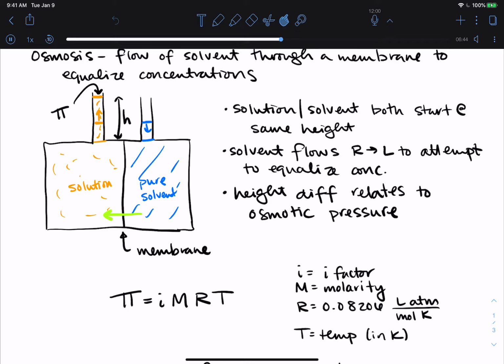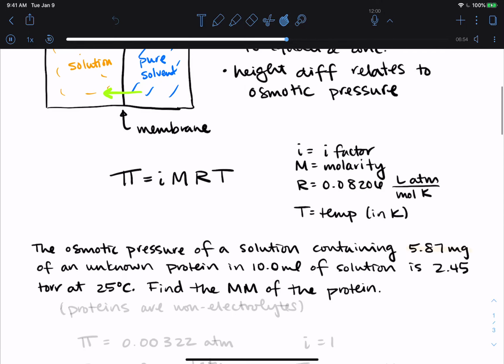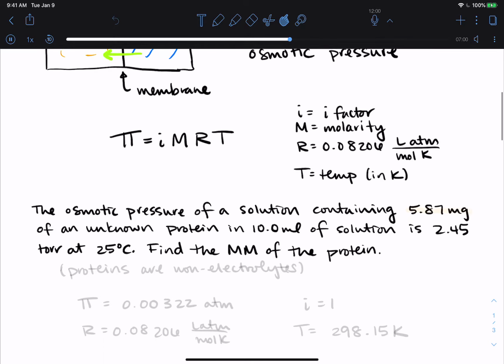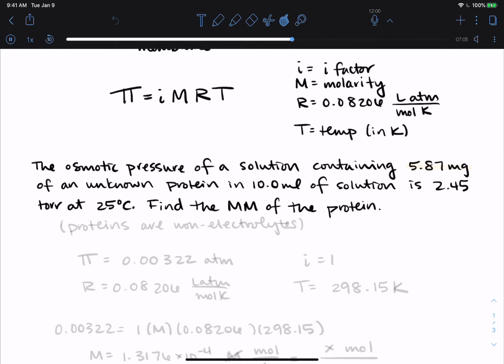Okay, so a lot of the problems will have you just calculate the osmotic pressure directly. The example that I want to show you: osmotic pressure is used for a lot of really large compounds, things like polymers and proteins, to help you find the molar mass. So the example we're going to look at involves finding the molar mass of a protein.